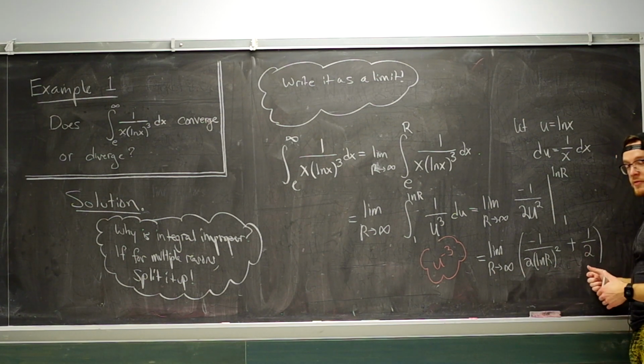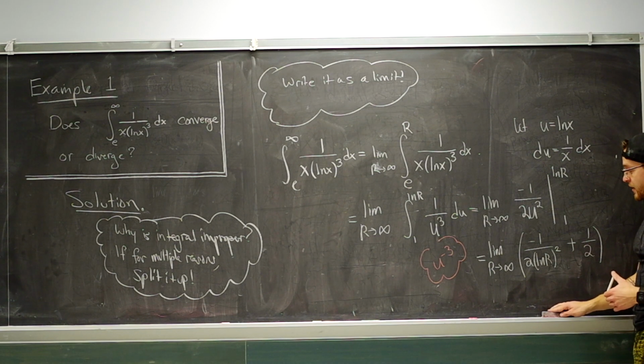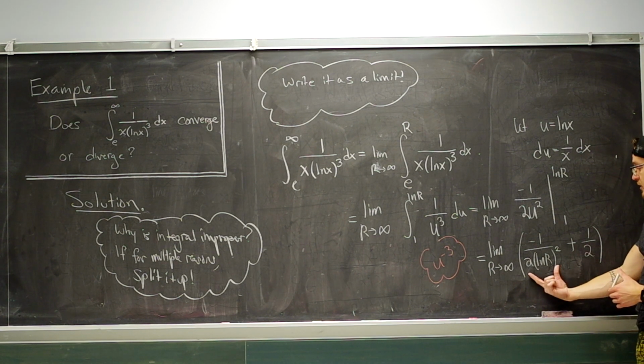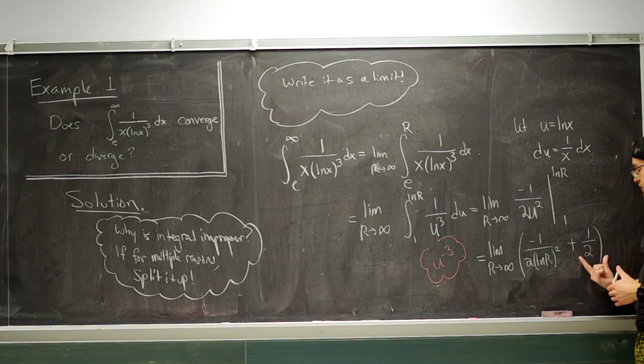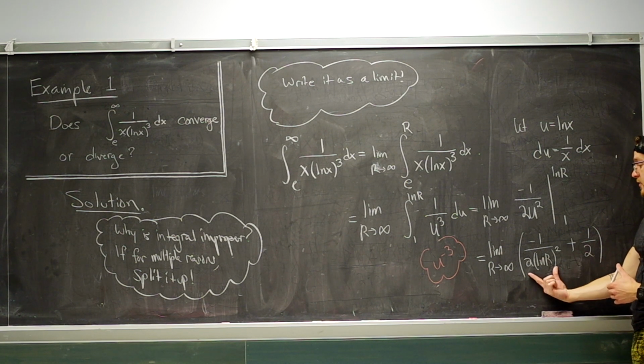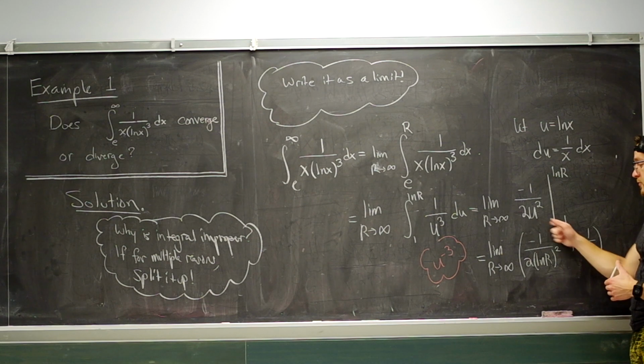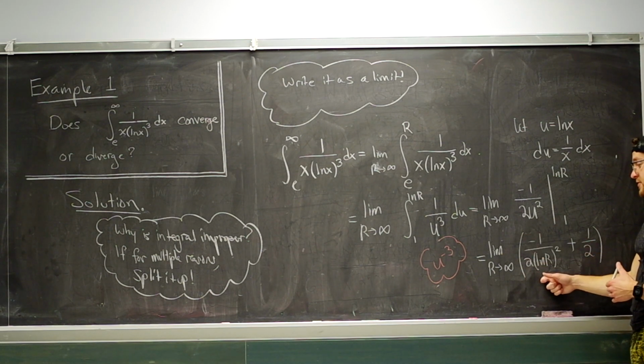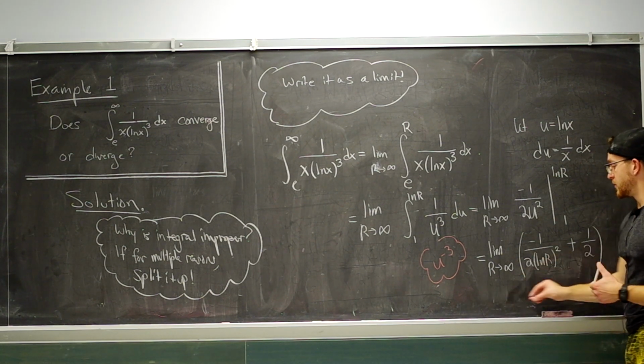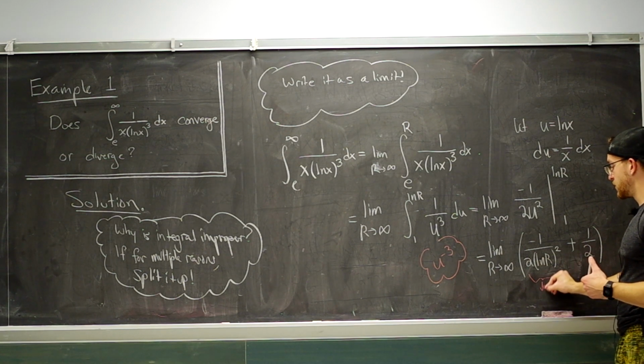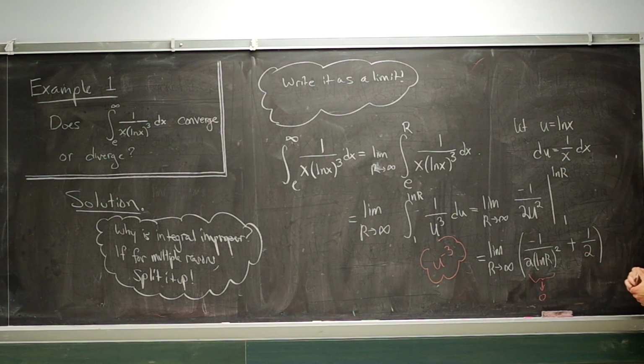And now this is a limit problem. As r goes to infinity, 1/2 is constant. This term, the log of r grows to infinity, so sending r to infinity sends this expression to 0. And we're left with 1/2.